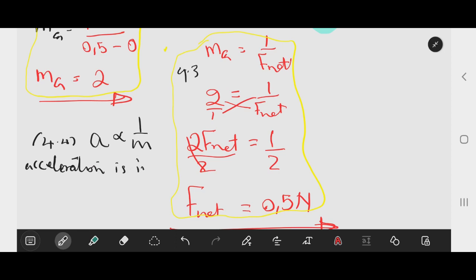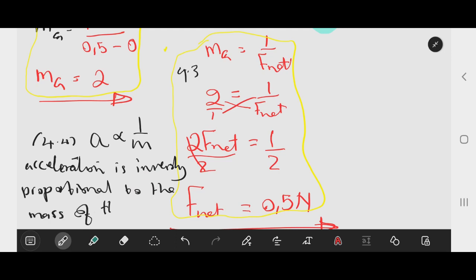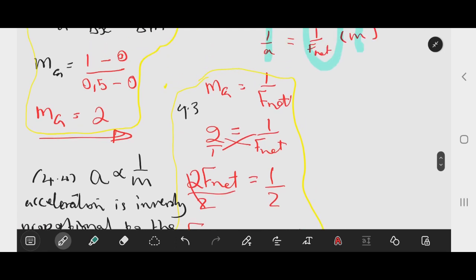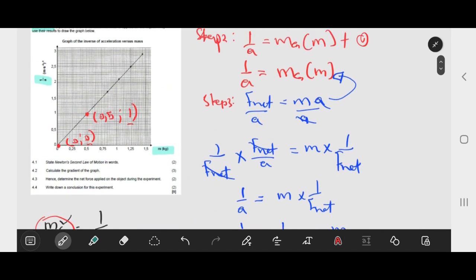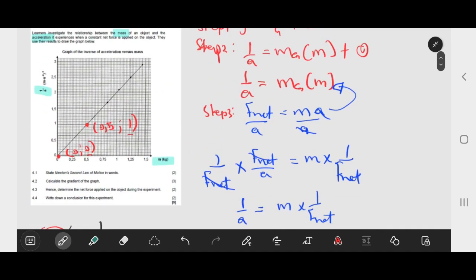All right, so this is one of the examples that we can illustrate using our graphical analysis.